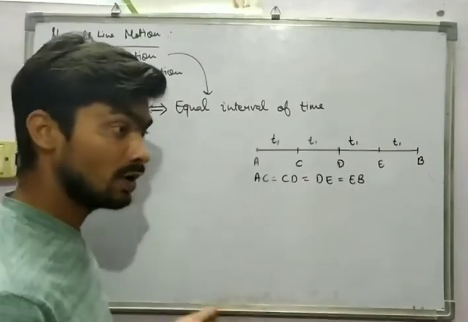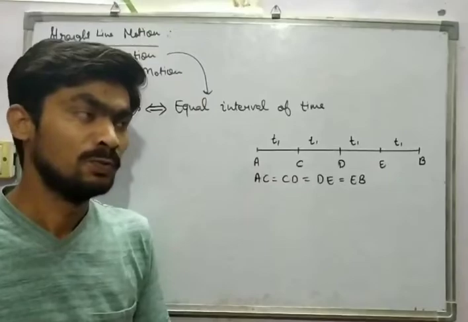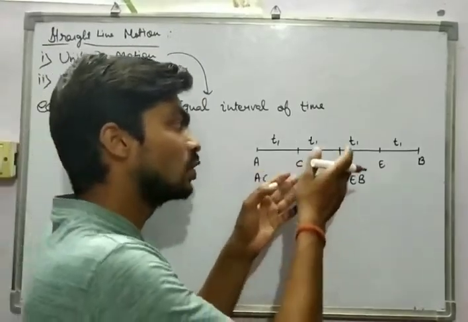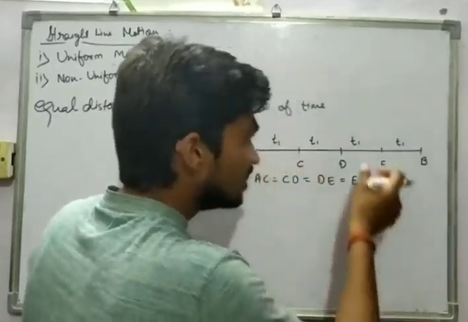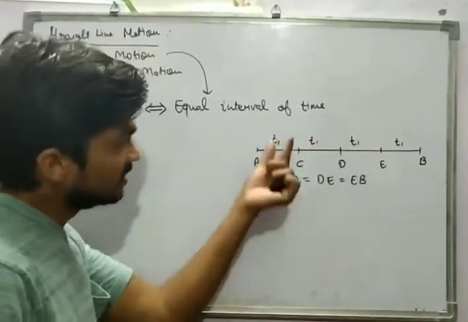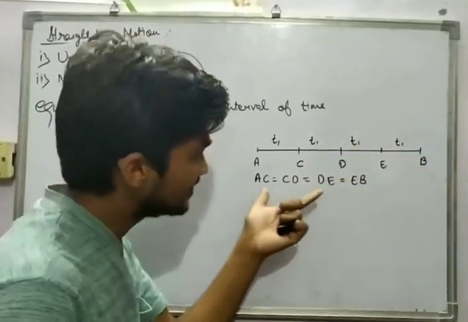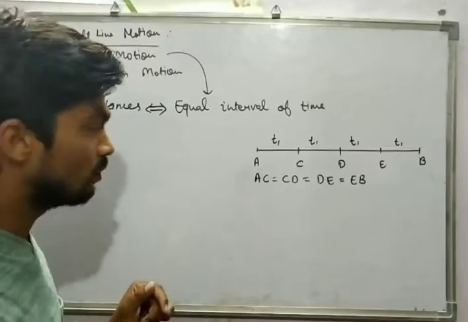But on the contrary, if any of this changes, meaning we have equal distances but the intervals of time are unequal, or in equal intervals of time the distances covered are unequal, then we have non-uniform motion.